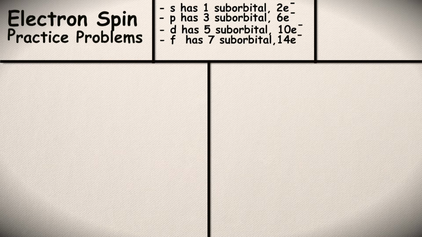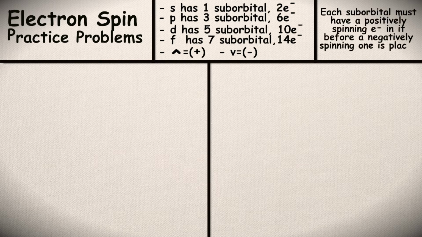Also, our rules for spin. First of all, when drawing out electron spin diagrams, an arrow pointing up or up spin is also known as positive spin, while an arrow pointing down or down spin is known as negative spin. Each suborbital must have one positively spinning electron in it before a negative one can be placed in it.